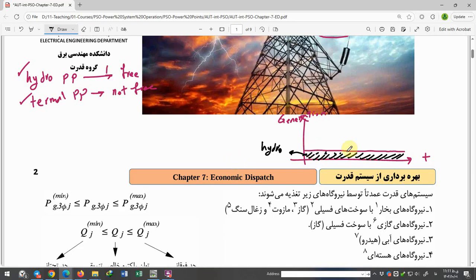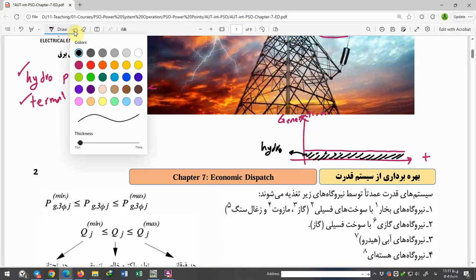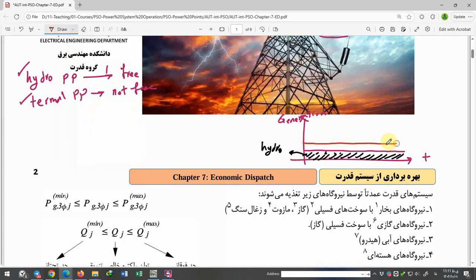These are base load generation, meaning that these generators or power plants work continuously. Another base load generation is the large steam turbine.